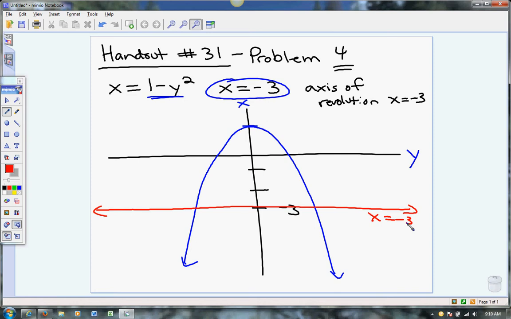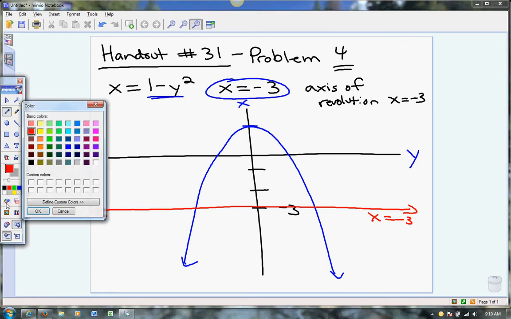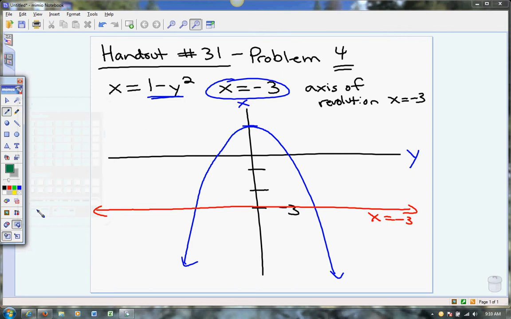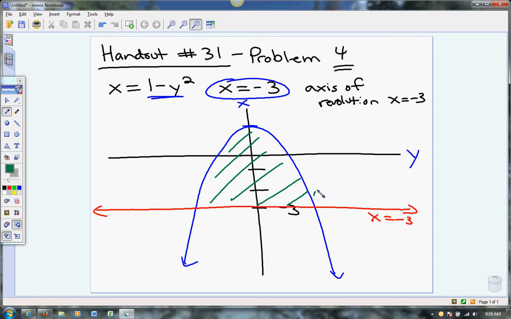That is also the line that we're rotating this region around. So we're going to take this region right here, and we are going to rotate it around the line x equals negative 3.